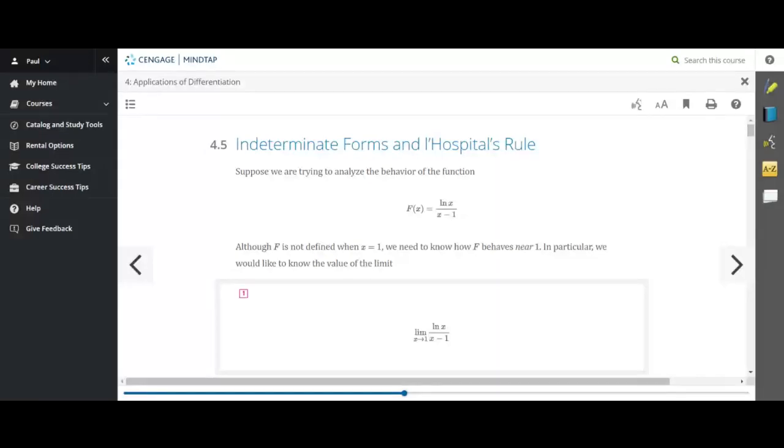All right, so once again, our goal is to learn about improper integrals, how to compute improper integrals in section 5.10. Improper integrals have to be written as a limit of a definite integral with finite limits.